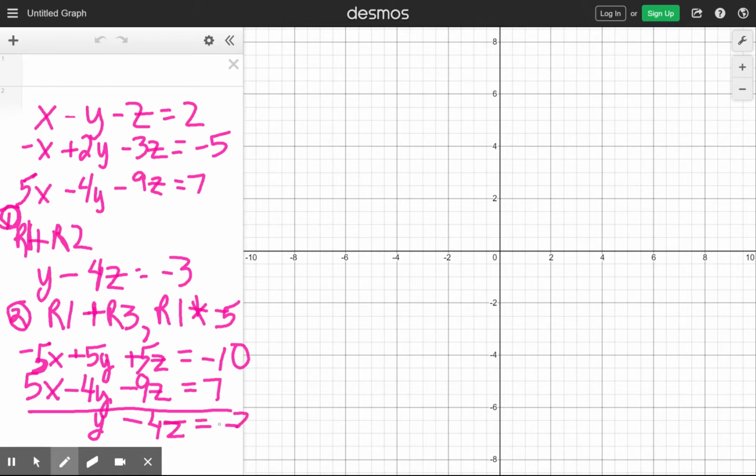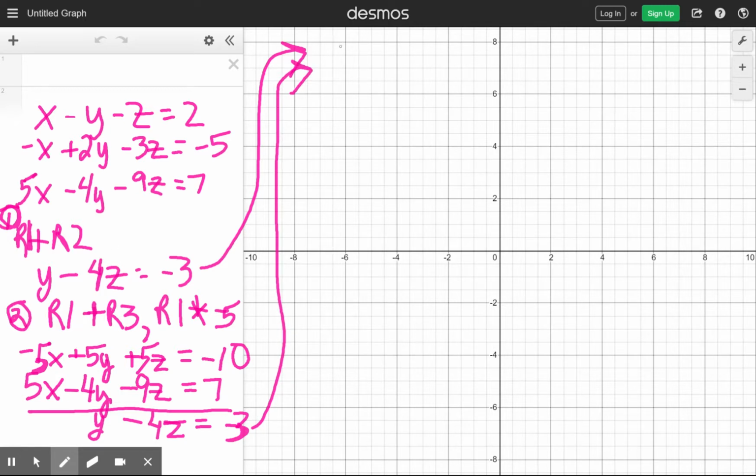Now our next step is to take these two equations in two unknowns, and we'll set up this new system of y minus 4z equals negative 3, and the other equation is also y minus 4z equals negative 3.